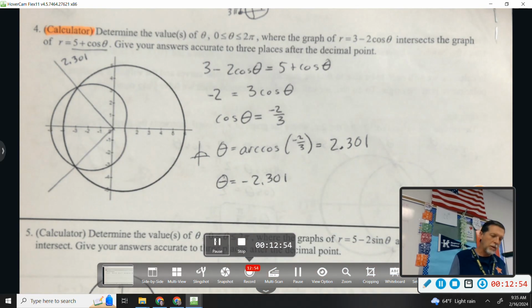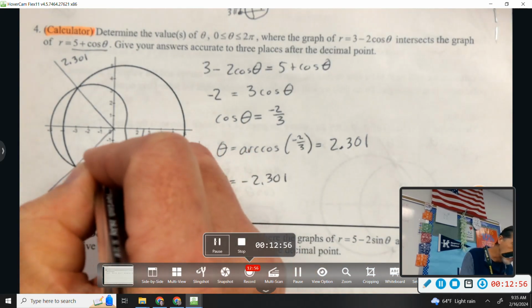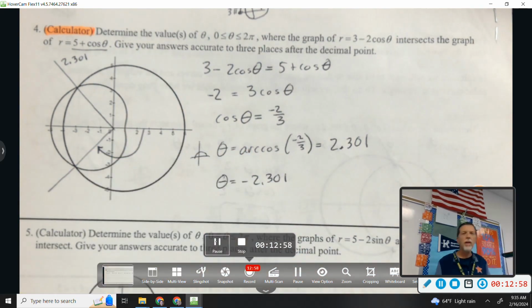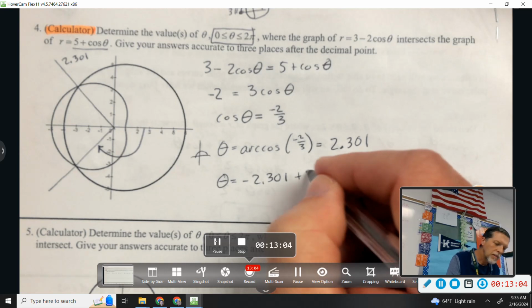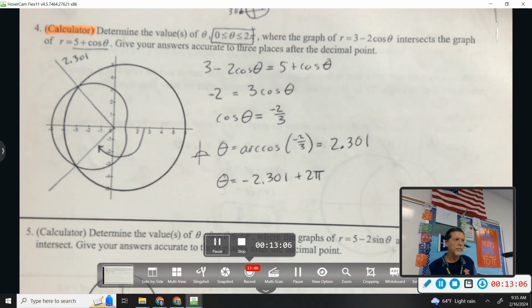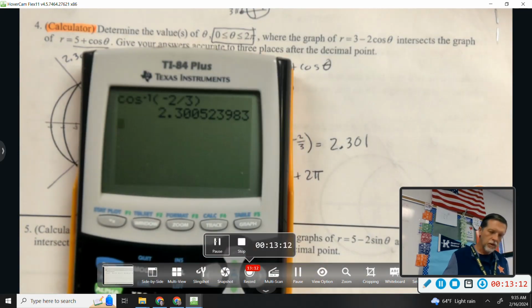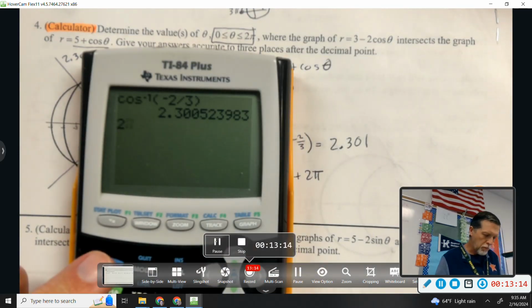That would be this way to get there. But I'm not really allowed to use negative because I'm supposed to be between 0 and 2 pi. So let's add 2 pi to the negative one. So yeah, like you said, that's just 2 pi minus the first answer.